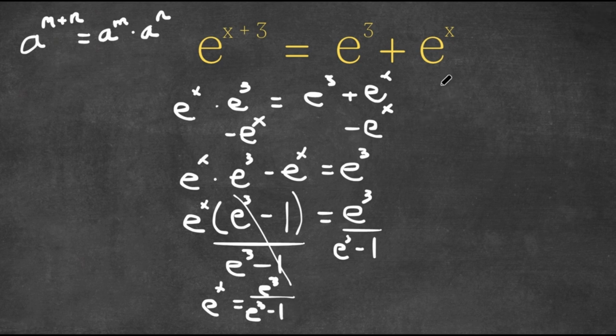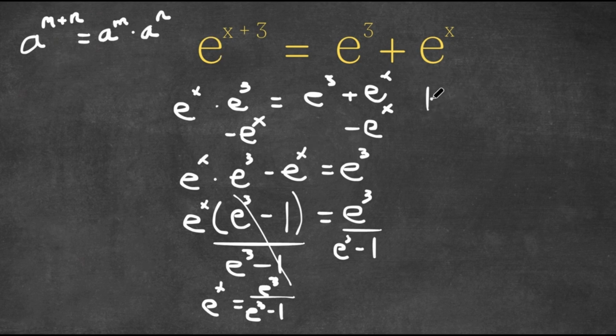Now I'm actually going to take the ln of both sides, because the natural log, or ln, is the inverse, or the opposite of e, meaning those two would cancel out.